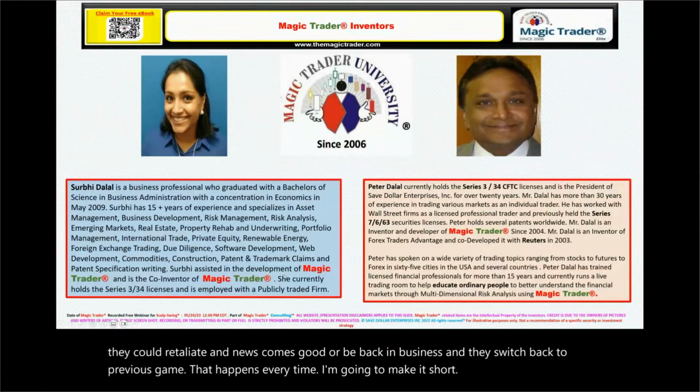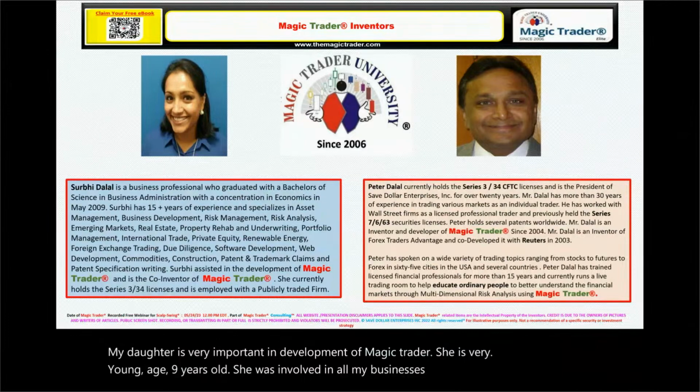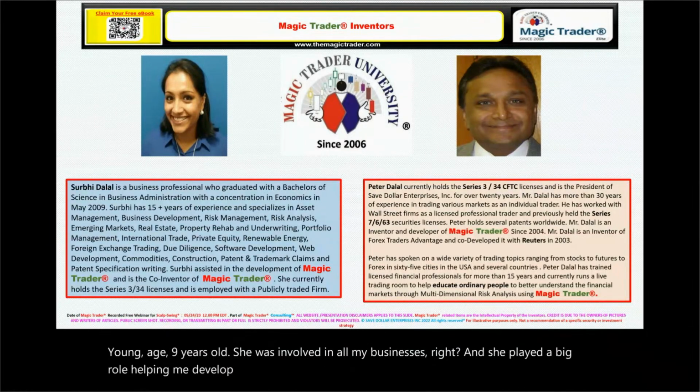My daughter is very important in the development of Magic Trader. From a very young age, 9 years old, she was involved in all my businesses. She played a big role helping me develop this software, all these symbols, the selection, putting it together.